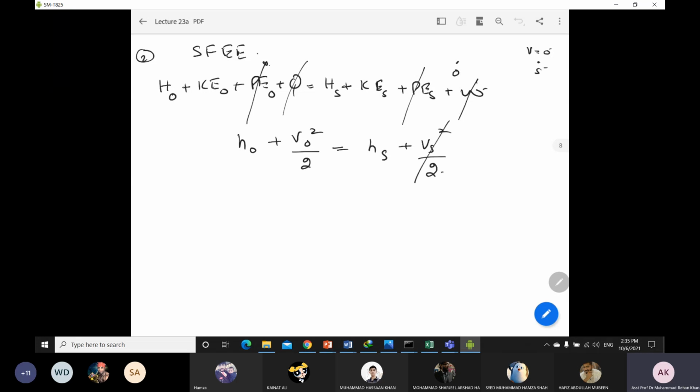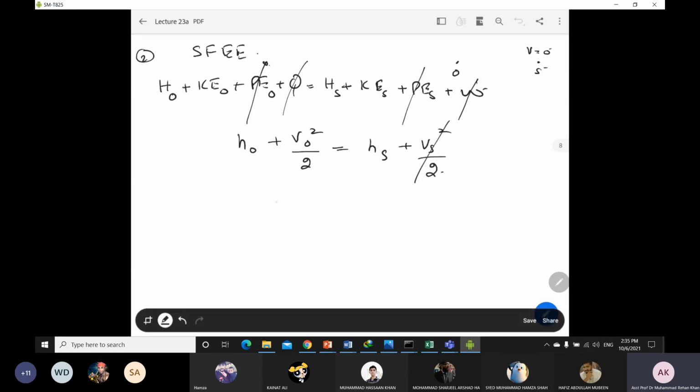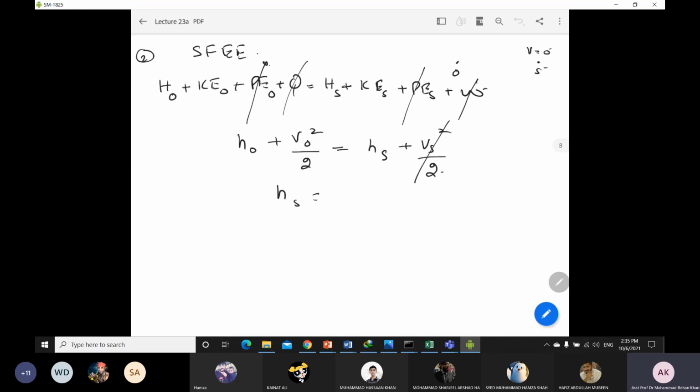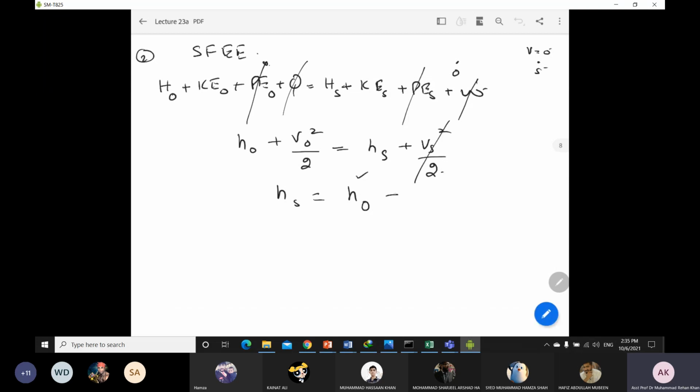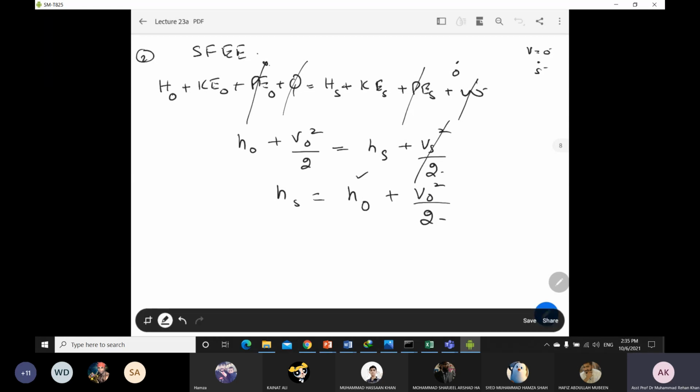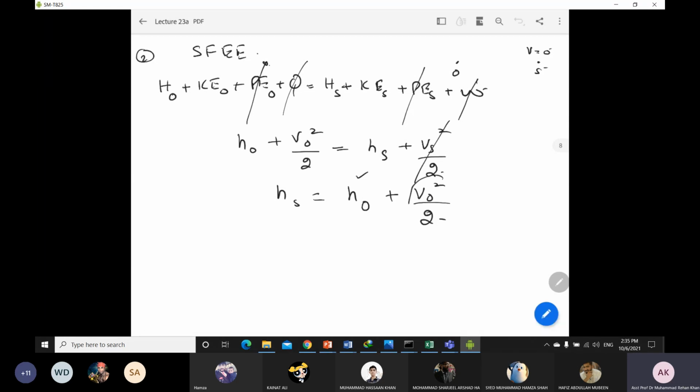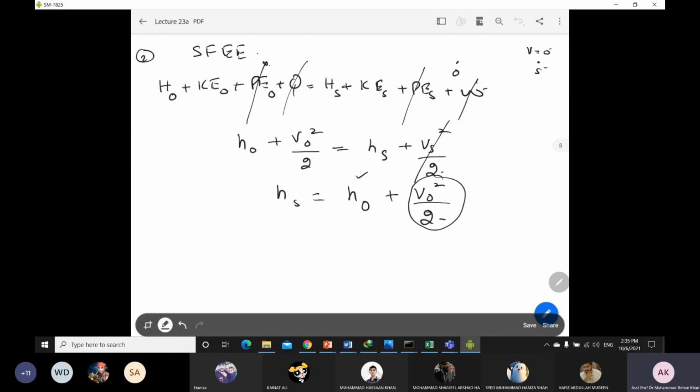Again, the stagnation velocity is 0. So the enthalpy at the stagnation point is equal to the enthalpy at point O plus V naught squared divided by 2. Again, the enthalpy at the stagnation point is higher than the enthalpy at point O by the term V naught squared divided by 2.